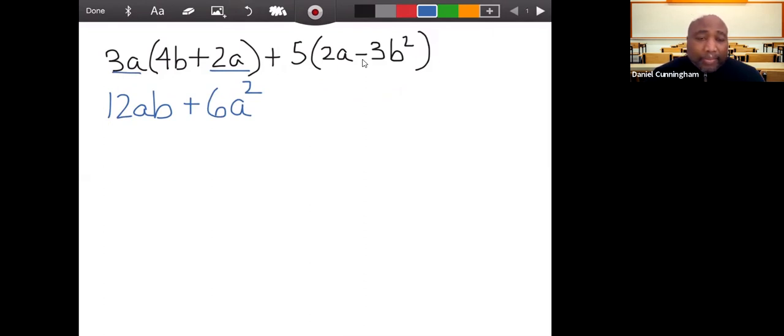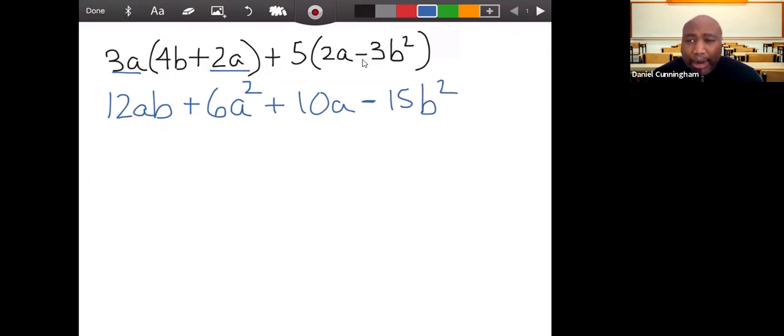You can't see them with the a and a. Now let's do the next one. Plus 5 times 2a, which is 10a, and then 5 times the negative 3b squared, or minus 3b squared, be a minus 15b squared.